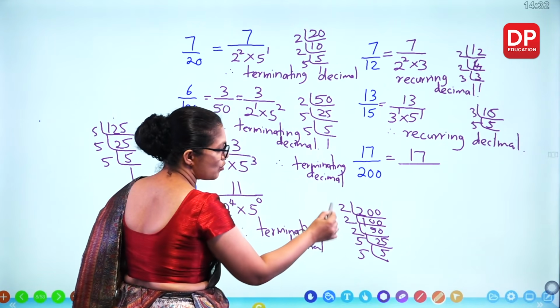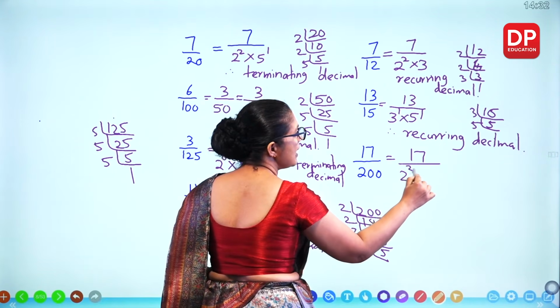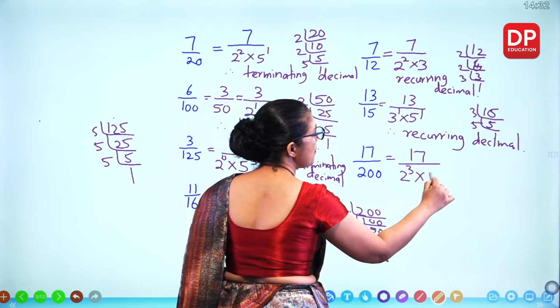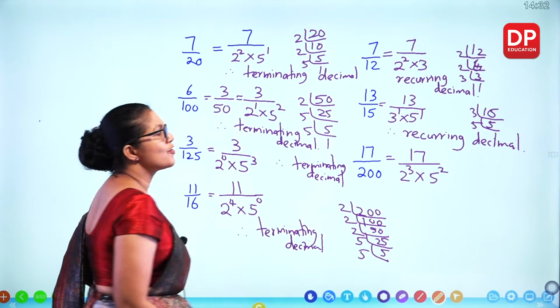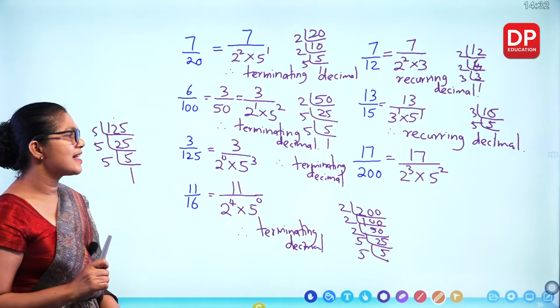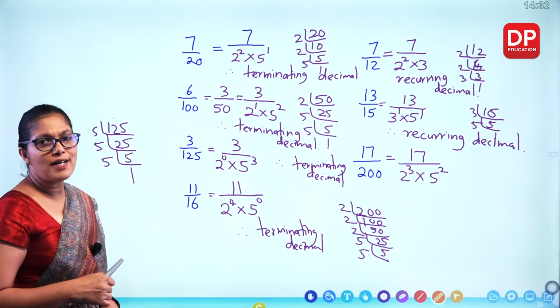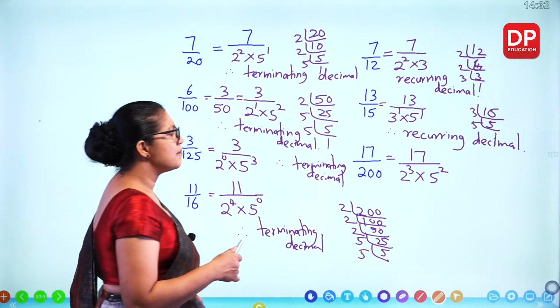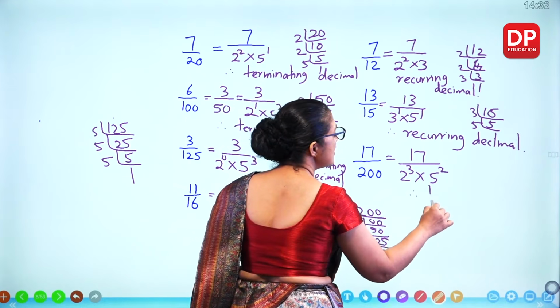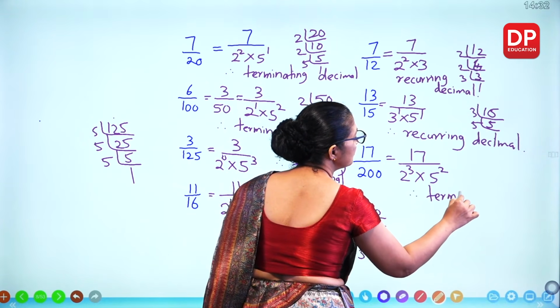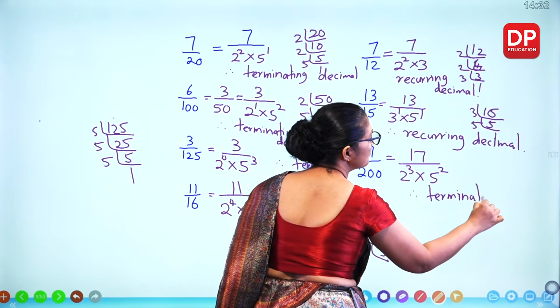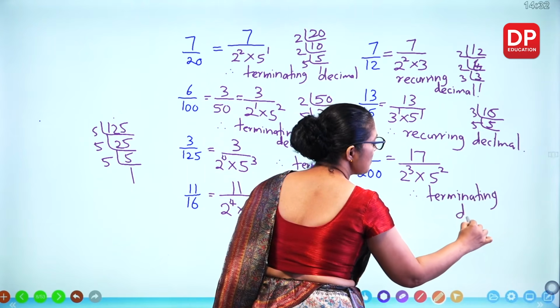We can write 2 to the power 3 and 5 to the power 2. So here we can write this as 2 to the power m into 5 to the power n. So that means this is a terminating decimal.